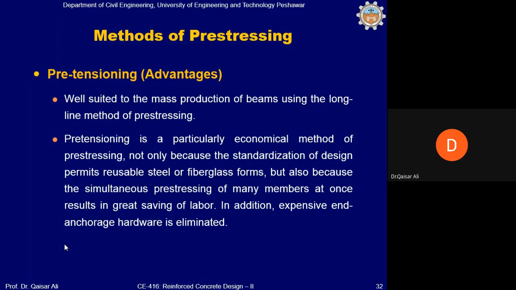For this purpose, the jack will be engaged, the anchorage devices will be engaged, and the steel will be in stretched position. So it will be dangerous to keep steel wire and cables all at the site. So for site jobs, pre-tensioning is not recommended. Pre-tensioning is recommended, and it's a good technique, in factories and industries in a controlled environment.